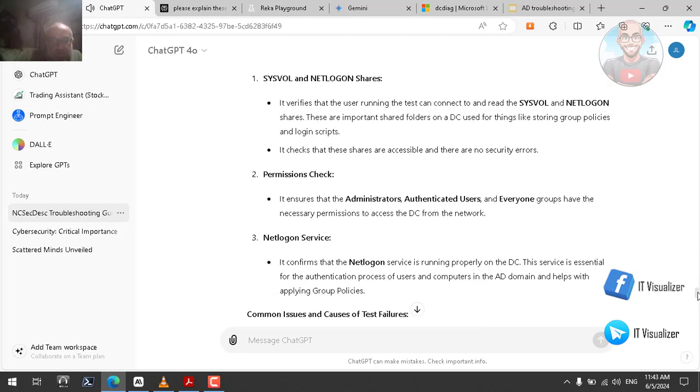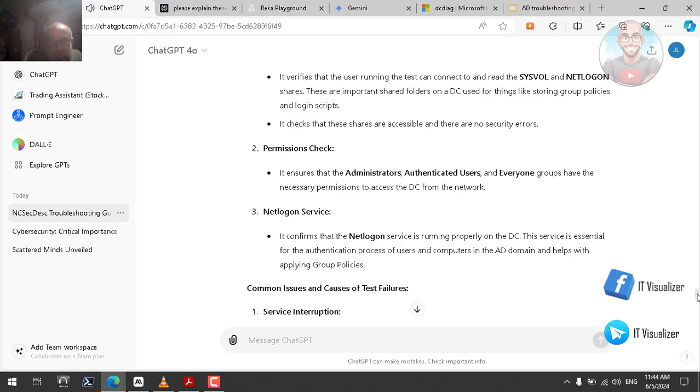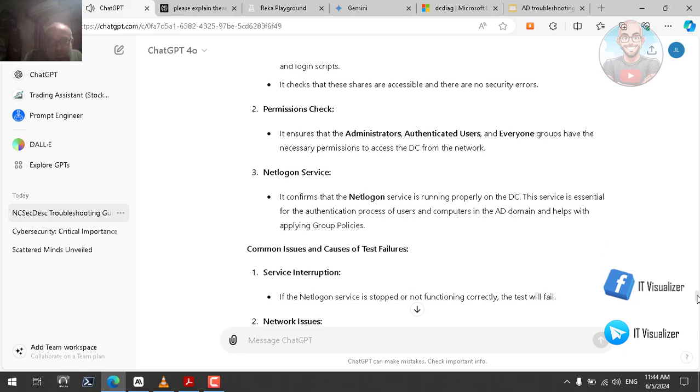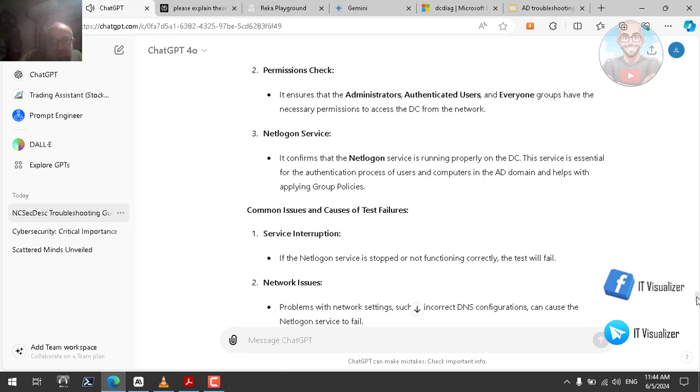It ensures that the administrators, authenticated users, and everyone groups have the necessary permissions to access the DC from the network. 3. Netlogon service. It confirms that the Netlogon service is running properly on the DC. This service is essential for the authentication process of users and computers in the AD domain and helps with applying group policies.